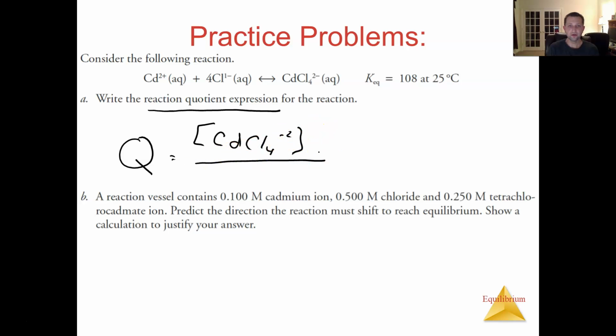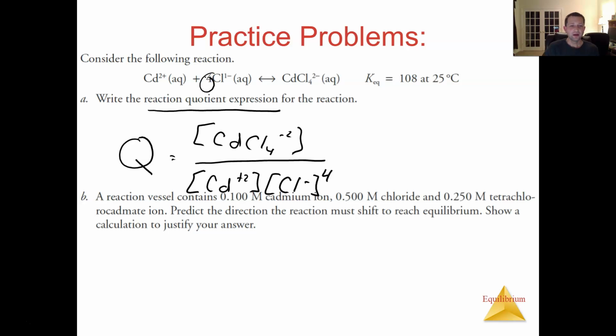And there's no coefficient there, so no exponent. It's aqueous, that gets included in our equilibrium constant expression, or reaction quotient expression in this case. Divided by your reactants, so it's cadmium 2+ times the chloride ion to the 4th, because we have a coefficient of 4 here.